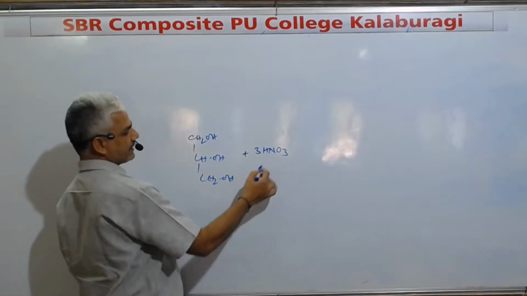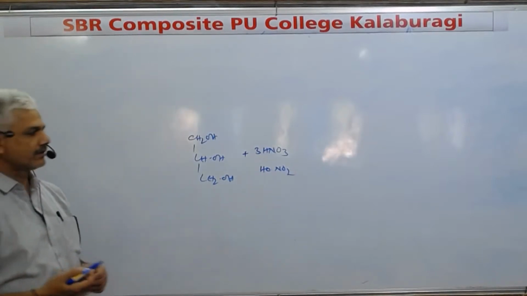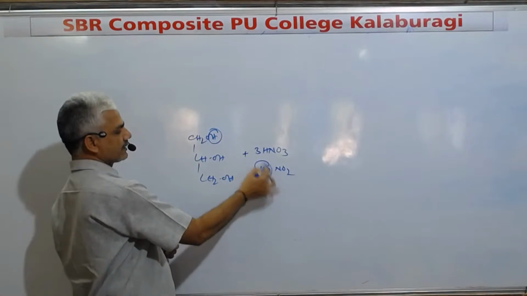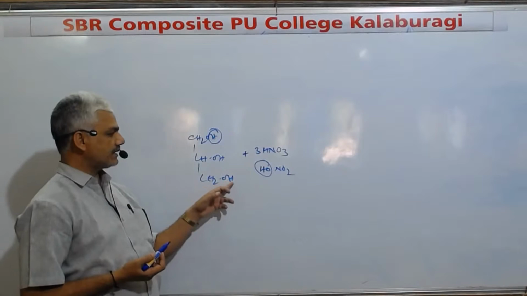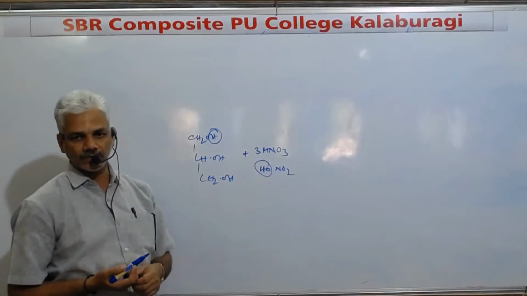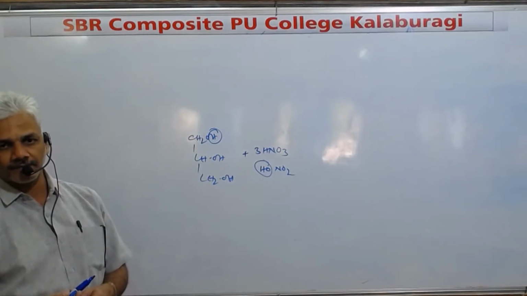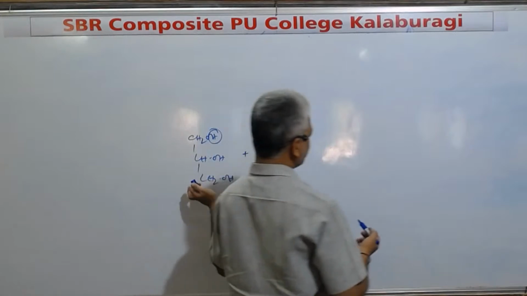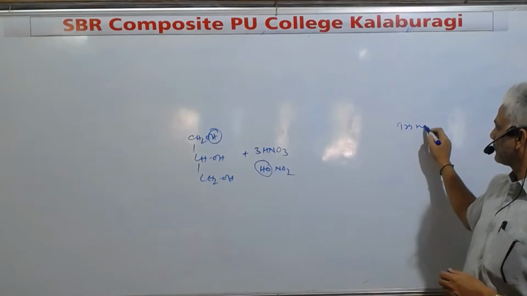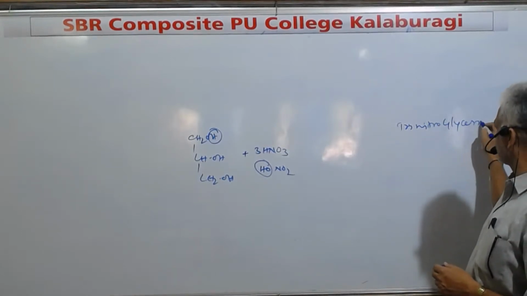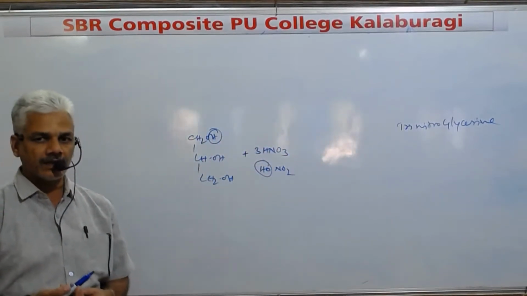For our convenience, you can imagine nitric acid as HONO2. So what happens? Elimination of water takes place, and these hydrogen atoms are replaced with NO2 groups. And what do you call the resultant product? The starting compound is glycerin, so the product will be called trinitroglycerin or trinitroglycerol.